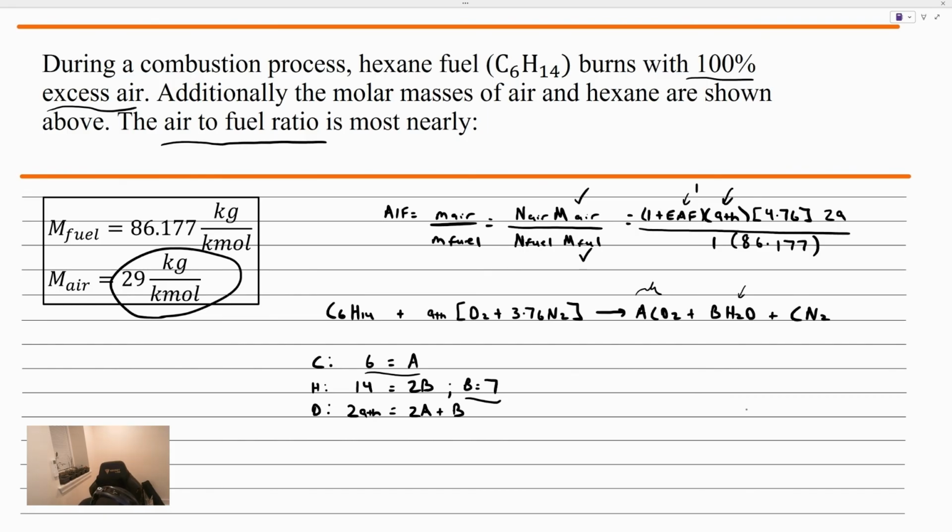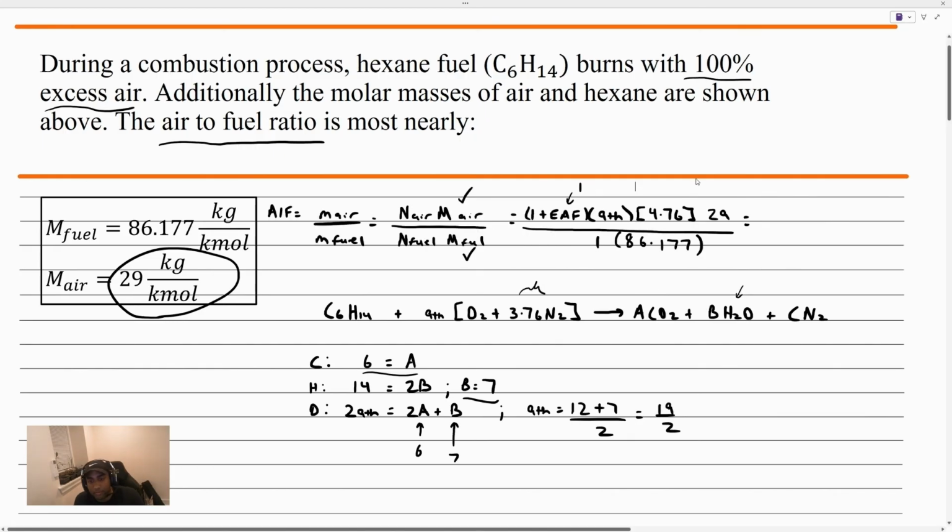Now we know what A is and we know what B is since we just performed our stoichiometry. A was 6, B is 7. And we can solve for our stoichiometric coefficient here, which is 12 plus 7 divided by 2. That's 19 over 2. If we go ahead and plug in that 19 over 2 value here as our stoichiometric coefficient, we see that 19 over 2 and this 2 from the 1 plus excess air fraction is going to cancel.